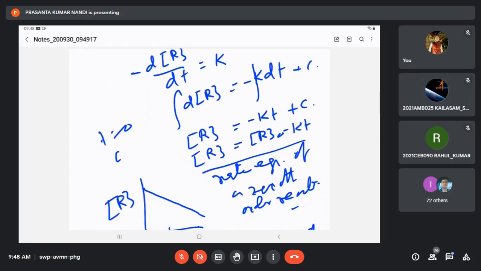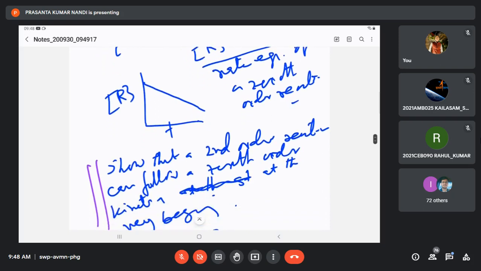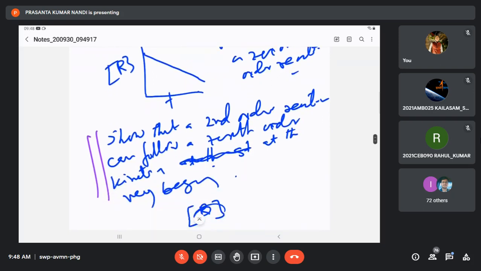Now, this is the rate equation of zeroth order kinetics, the differential and integrated forms that I have shown. There is another similar question that you can do yourself. Following the same spirit, show that a second order reaction can follow a zeroth order kinetics at the very beginning.